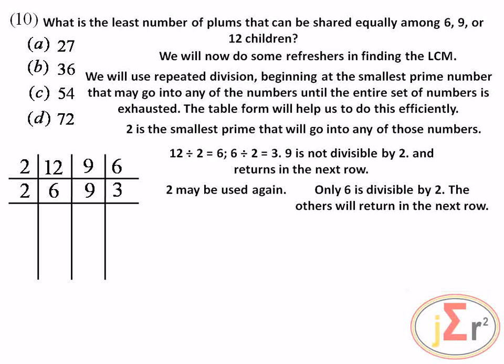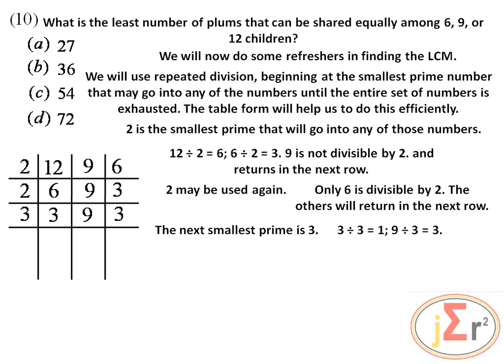In this event, we will just return the numbers in the next row. Now, since 2 is exhausted, we may move on to 3. So the next smallest prime number is 3.